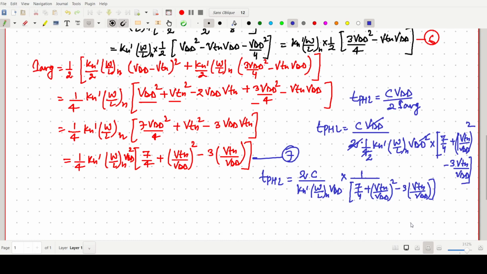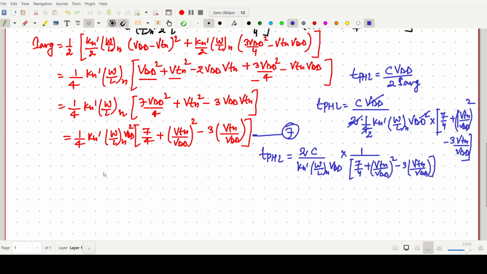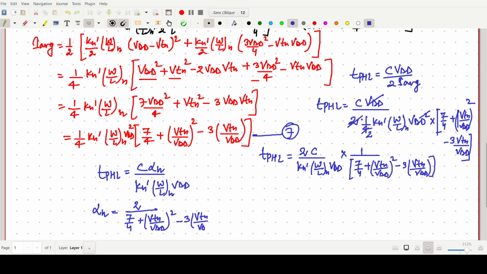Okay, so this one is the expression for tau PHL, and this expression can be written as C, constant I am saying, alpha n divided by K n s W by L of n into VDD, where the term alpha n is nothing but simply 2 by 7 by 4 plus Vtn by VDD square minus 3 times Vtn by VDD.